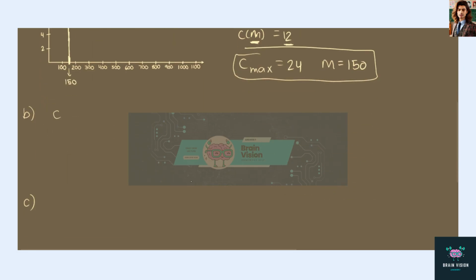We know from before that C(t) is equal to Cmax t over m plus t. Now if we sub in what we just found, we see that C(t) is equal to 24t divided by 150 plus t.